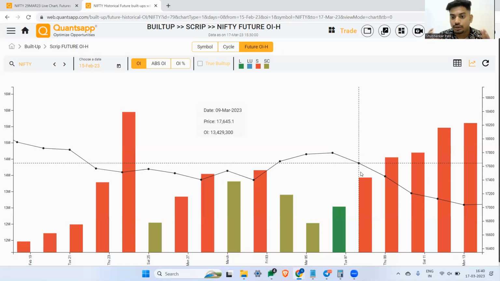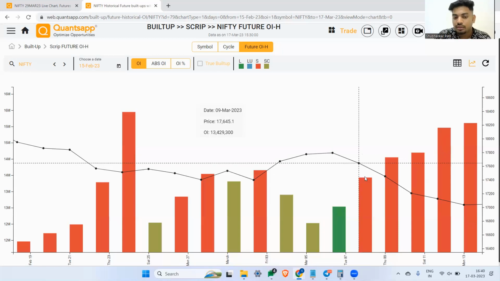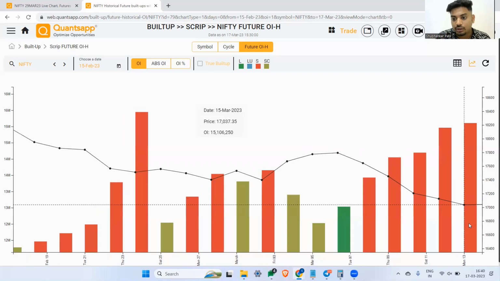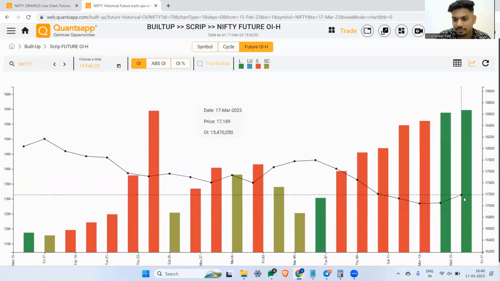Okay. For the short side, a combination of reds and yellows, with one green in between with very small price movement and very small OI participation, is something you need to be cautious about. And since then, if you see 17,645, the market has collapsed all the way to 17,000. Right now there are two long build-ups recently.